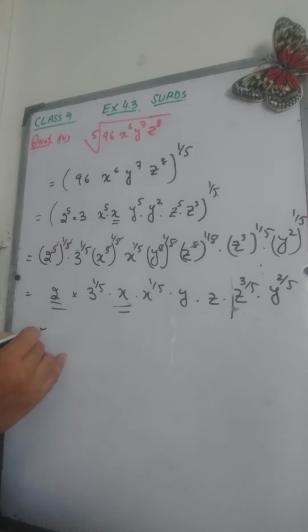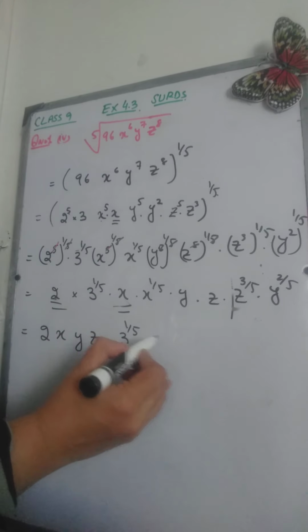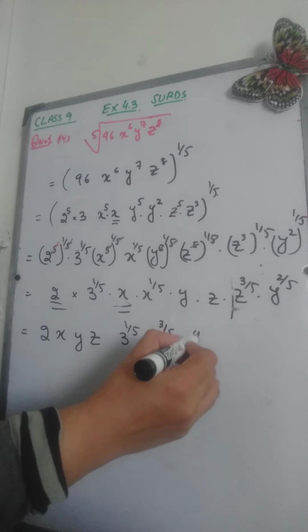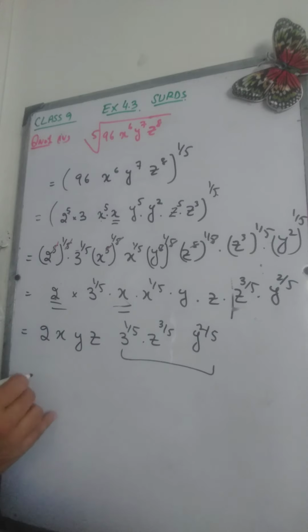So I am going to write the numbers which are without exponent to x, y, z, and over here we had 3 raised to power 1 by 5, then z cube raised to power 1 by 5, and y square raised to power 1 by 5. All these three had the same power of 1 by 5.